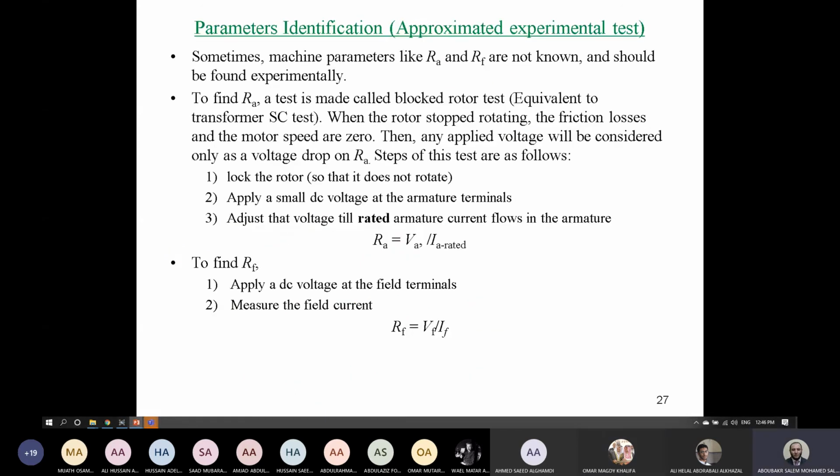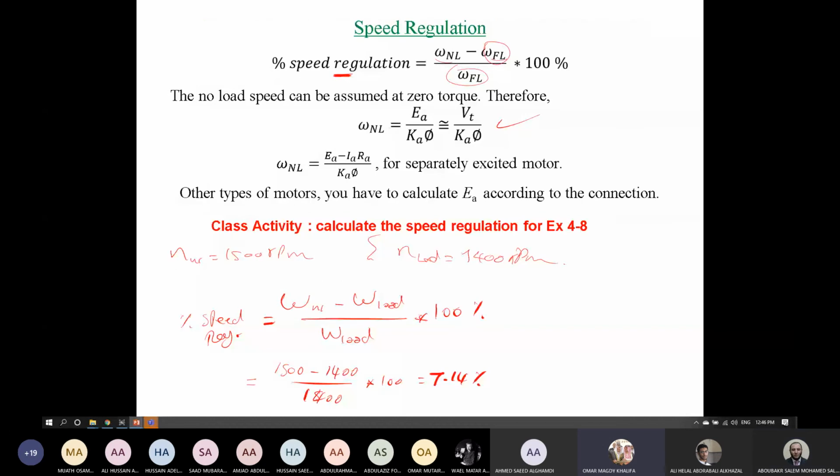Doctor? Yes. In the laboratory, they are asking us about the voltage regulation of the DC generator. So I don't recall we have discussed it during the lecture. We did not discuss the DC generator completely, because we agreed together this semester that the DC generator is not important.